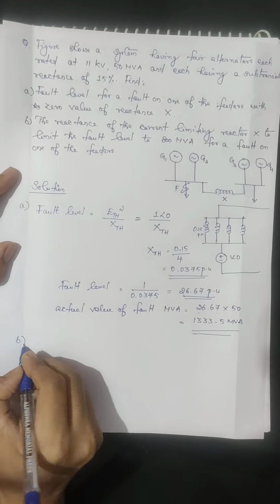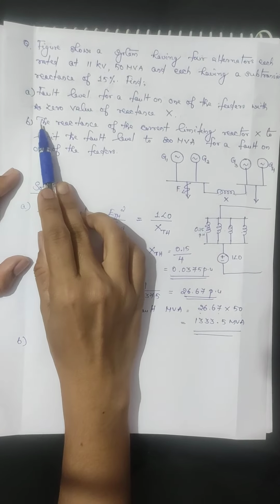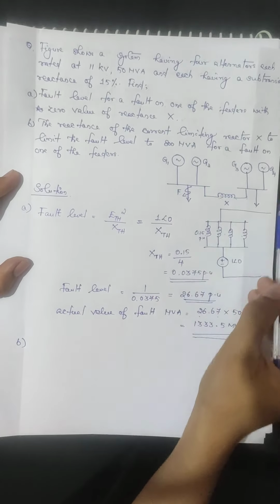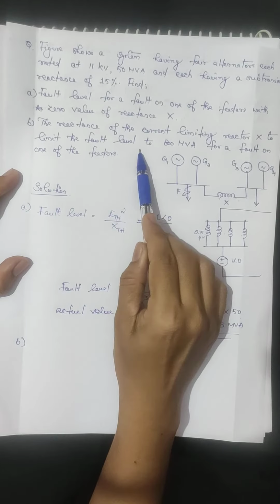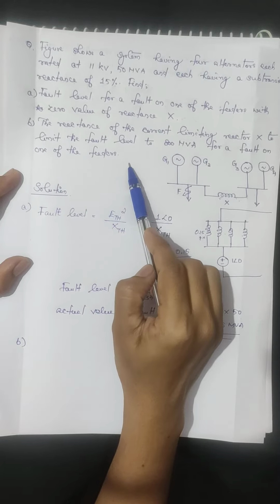Now let us move on to the second part of the question. So we have to find the reactance of the current limiting reactor X to limit the fault level to 800 MVA for a fault on one of the feeders.